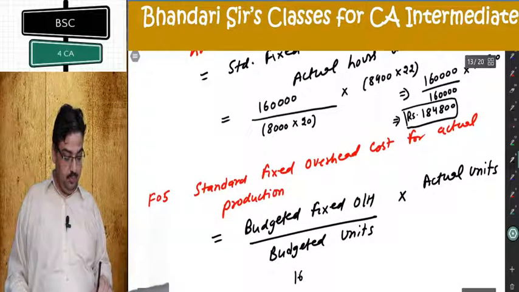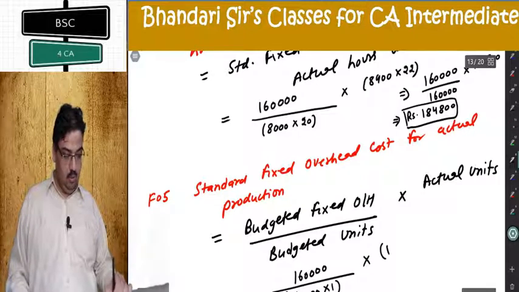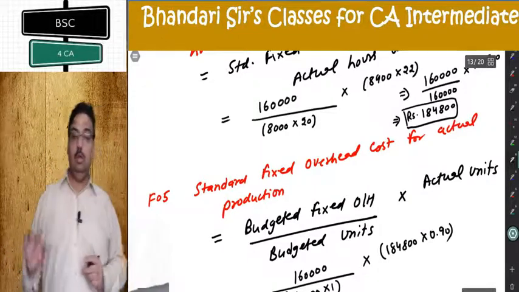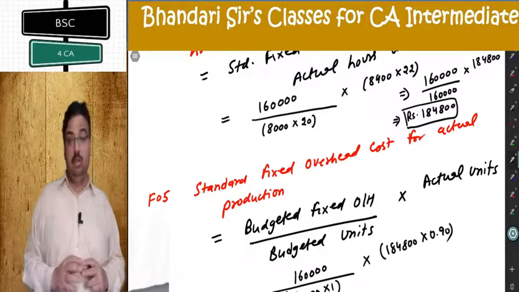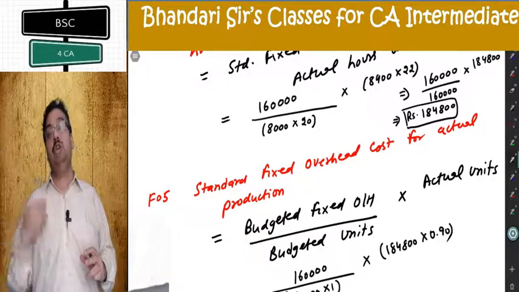Now 1,60,000 divided by 1,60,000 into 1, and this is 1,84,800 into 0.9, because 0.9 unit per man hour is actual production, and 1 unit per man hour is planned, budgeted production.